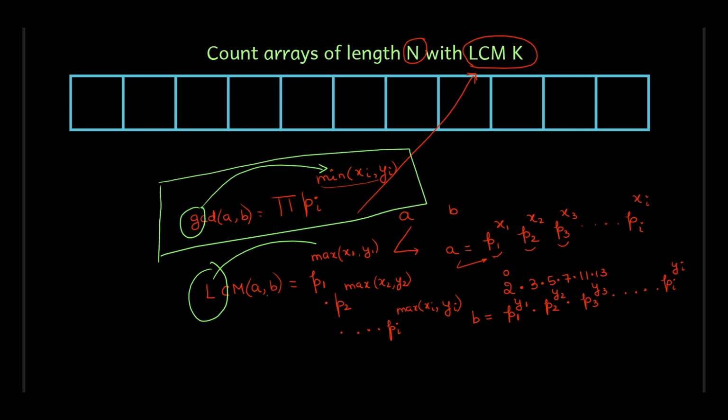The LCM of any two numbers is the maximum exponent for each prime in the prime factorization of that number. Now you can simply extend this logic to a series of numbers as well.